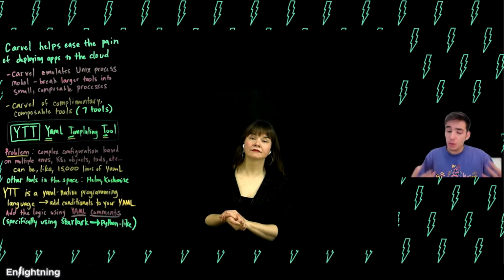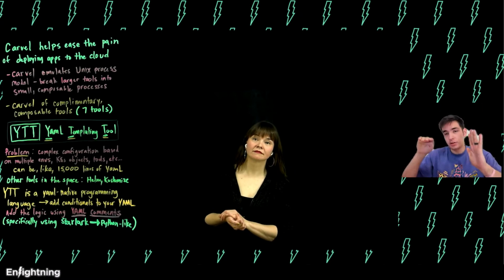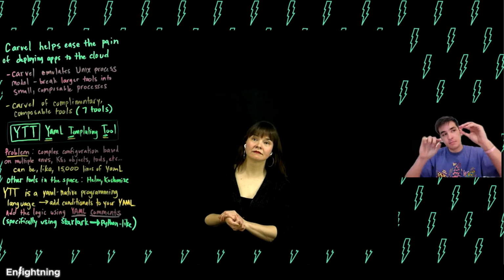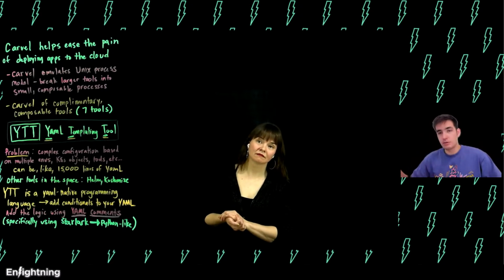So in YTT, I could take my deployment manifest with my annotation and comment over it, with a hashtag, or octothorpe, or whatever you want to call that. You put it right over the annotation, like you would be describing it. If I had this normal manifest, there might already be a comment there that says this annotation is only needed in Google Cloud.